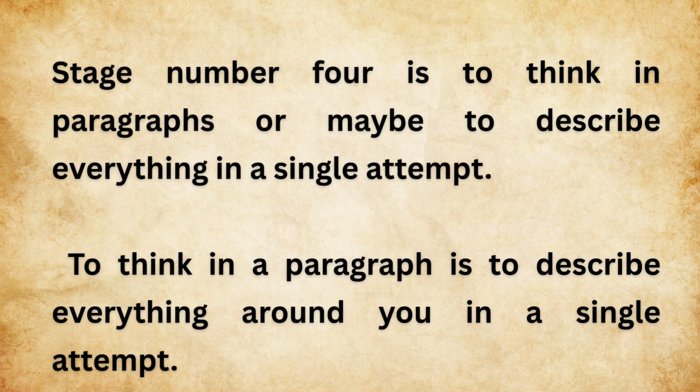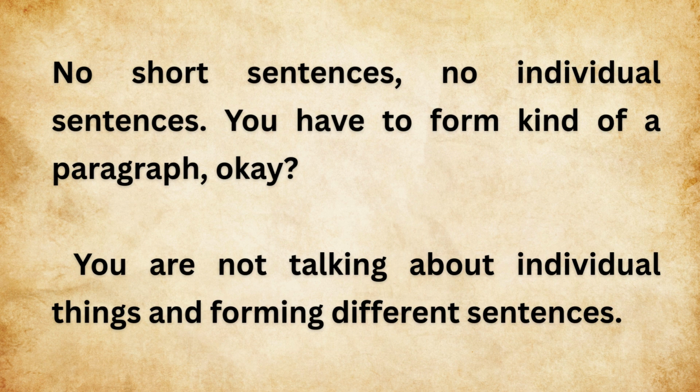Stage number 4 is to think in paragraphs, or maybe to describe everything in a single attempt. To think in a paragraph is to describe everything around you in a single attempt. No short sentences, no individual sentences. You have to form kind of a paragraph.